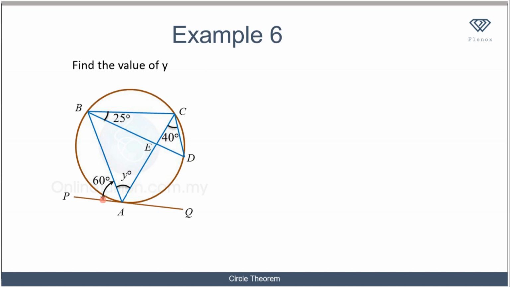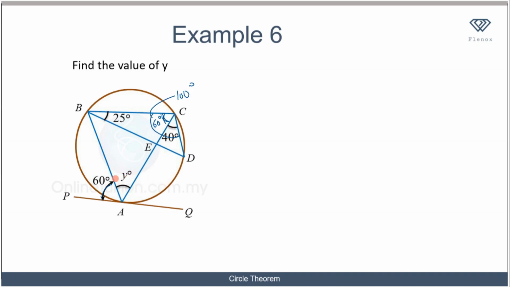So now we have an angle here that is 60 degrees. So it means that this angle over here is also 60 degrees based on that theorem. Now that I know that it's 60 degrees, I know that the sum of these two angles over here will be 60 plus 40, so the sum of this angle altogether will be 100 degrees.